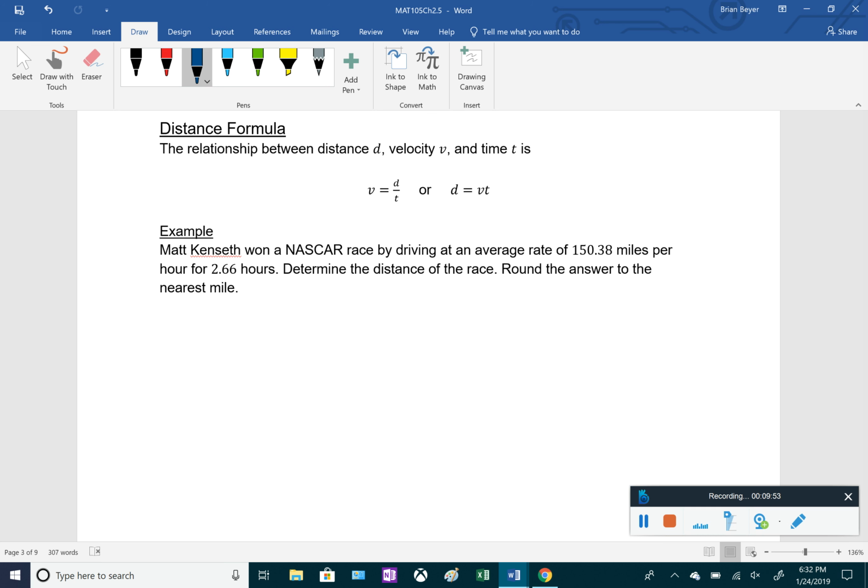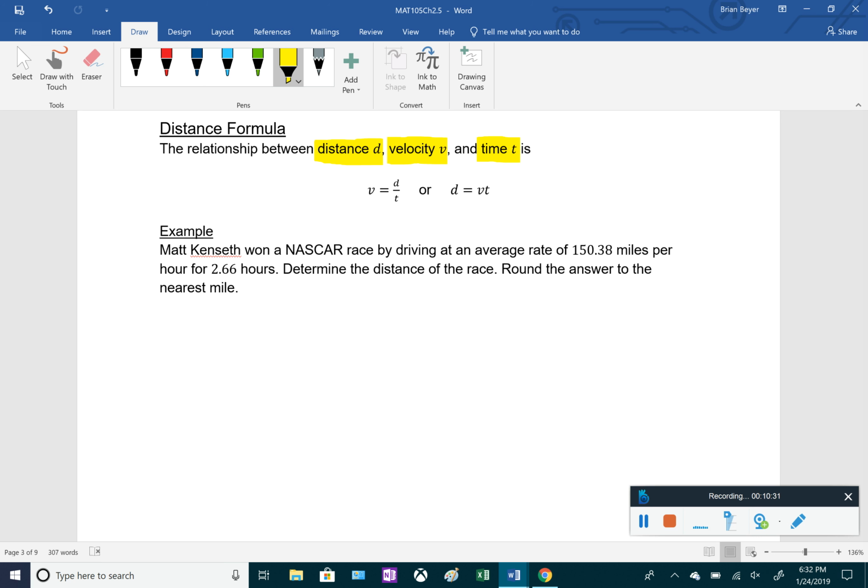Okay, let's do another commonly used formula. So the distance formula, or velocity formula. So the relationship between distance, velocity, and time. So here are all the variables defined for us. Distance is d, velocity, which is just a rate, is v, and time is t. So this relationship is velocity equals distance over time, v equals d over t, or we could solve that for d and make it d equals v times t.